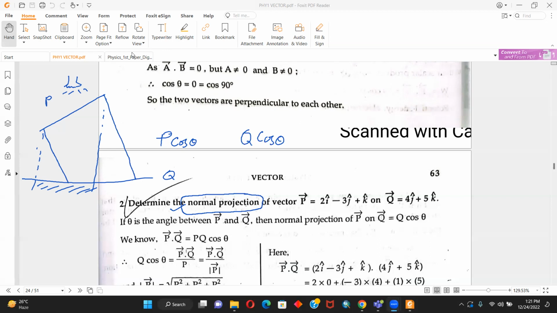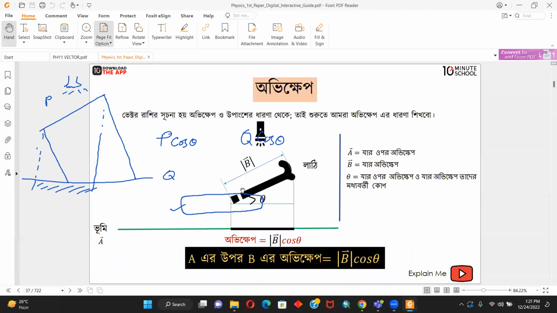See, in this case, we had a stick B, whose magnitude is B, and it makes an angle of theta with the plane A on which we are taking the projection. Based on that, we get the projection of B to be B cosine theta.